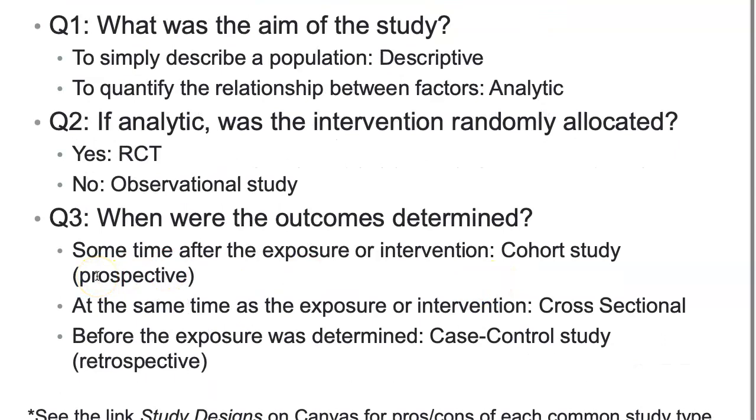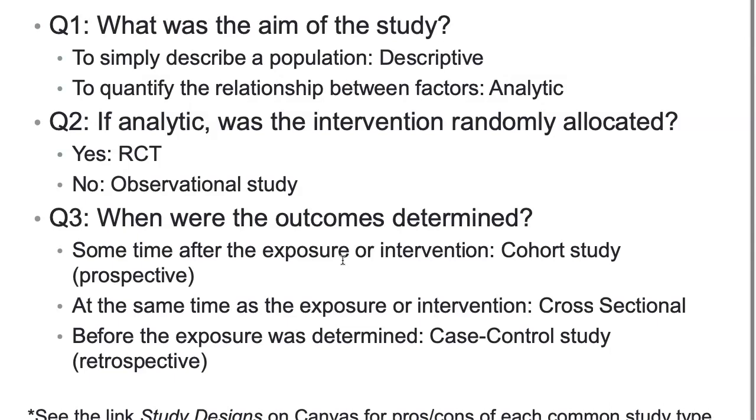When were the dependent variables determined, sometime after the exposure or the intervention? Were they determined after the fact? That would typically be a cohort study.